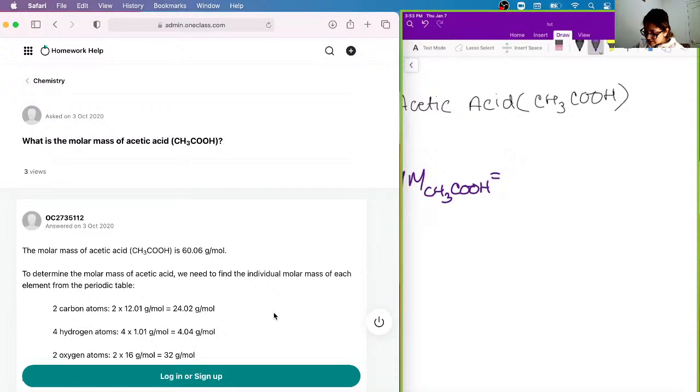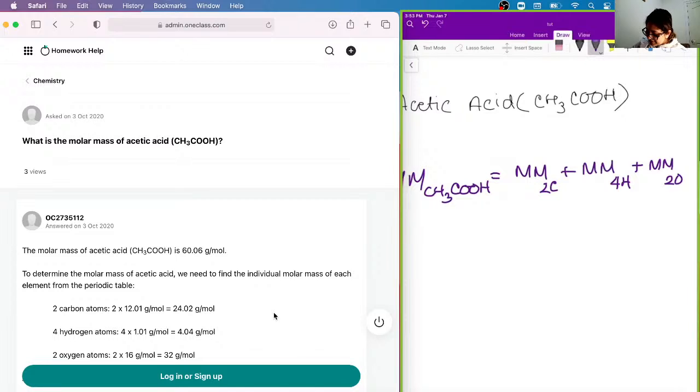In this case, you can see we have carbon, hydrogen, and oxygen. So let's say the molar mass of 2 carbon atoms plus the molar mass of 4 hydrogens, and we would add this with the molar mass of 2 oxygens.